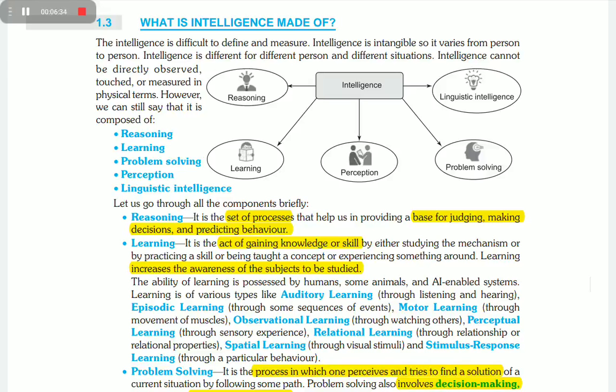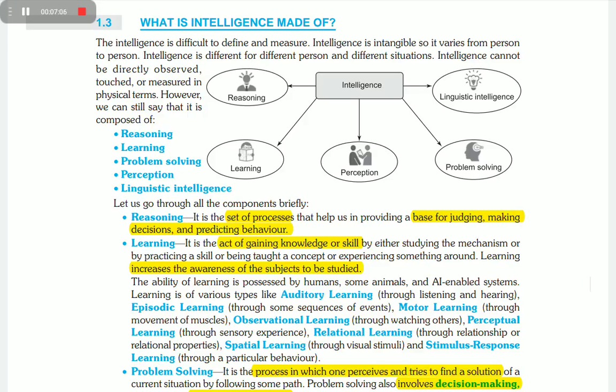First is reasoning. Reasoning is a set of processes that help us in providing a base for judging, making decisions, and predicting behavior. This is a process which helps us in providing a base. Like if you have covered class 8, then you have a base for studying; you will learn advanced education after class 8.